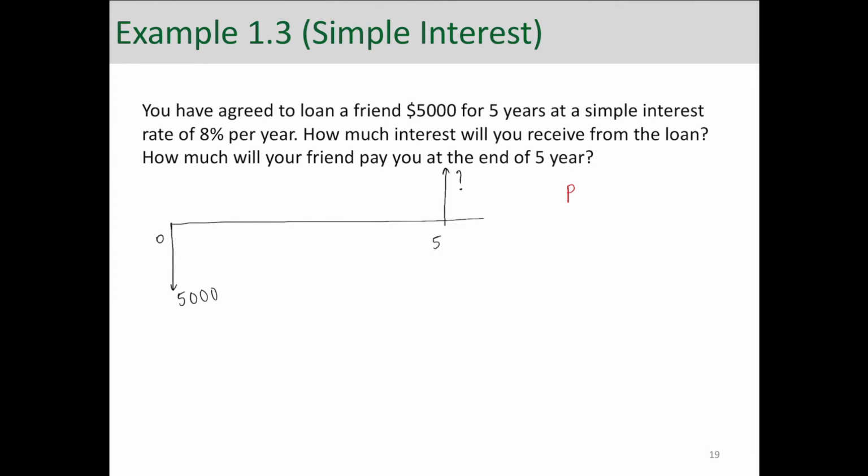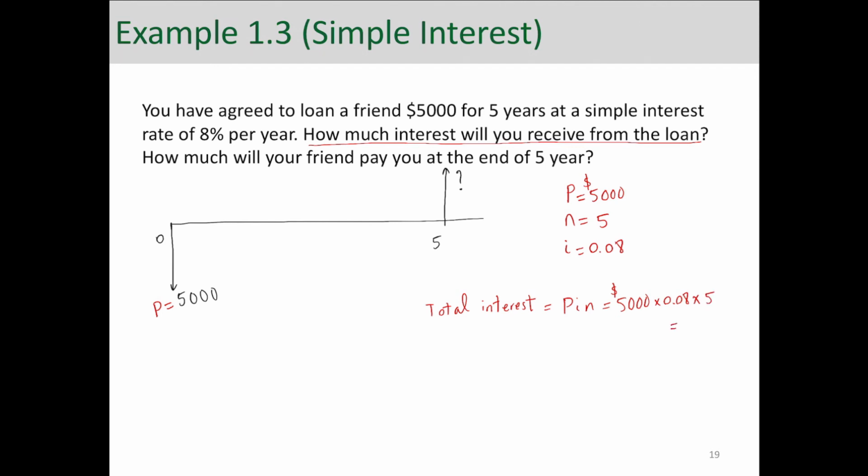So our P here is $5,000. Number of years, N, is 5 years. And the interest rate is 8%, right? The total interest, to answer the first part of the problem, how much interest will you receive from the loan? The total interest will be PIN, right? You remember that, PIN. So 5,000 times 8% times 5 years.